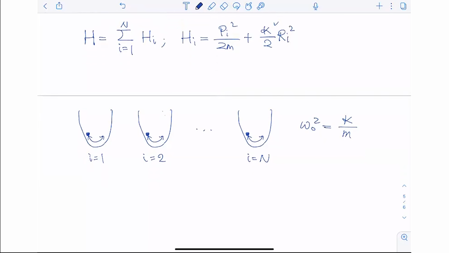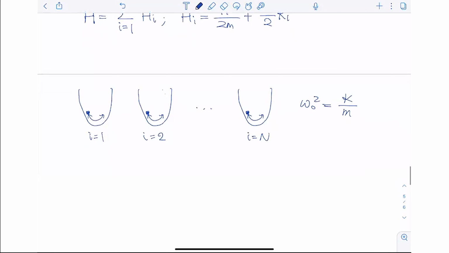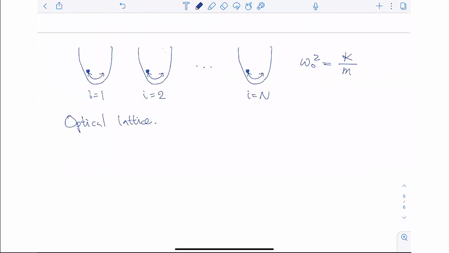So you might wonder, is it just a pedagogical example, or are there some systems that really are described by such a simple model? It turns out that it is possible to realize this in some of the atomic simulator experiments. The idea is that you can use something called an optical lattice. You try to use counter-propagating lasers.